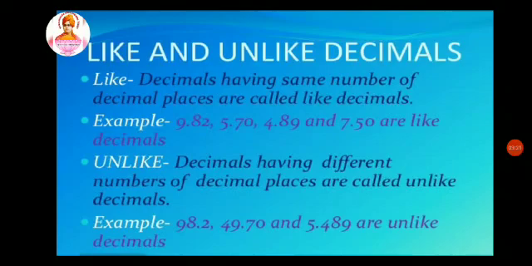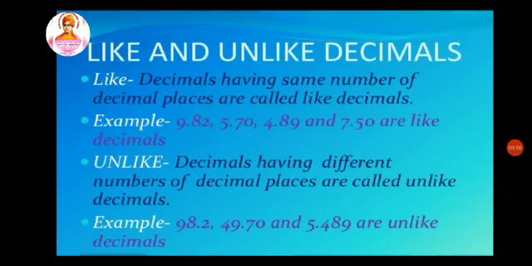So these decimals are called like decimals. Then what are unlike decimals? Decimals having different numbers of decimal places are called unlike decimals. For example, the first number is 98.2. In the decimal part, I have only one decimal place. The second number is 49.70.